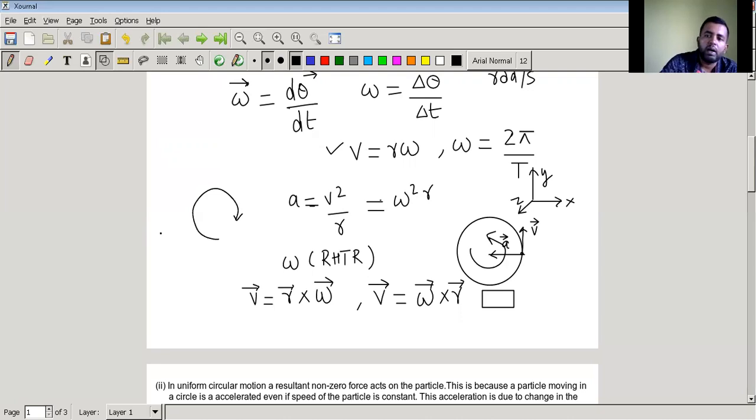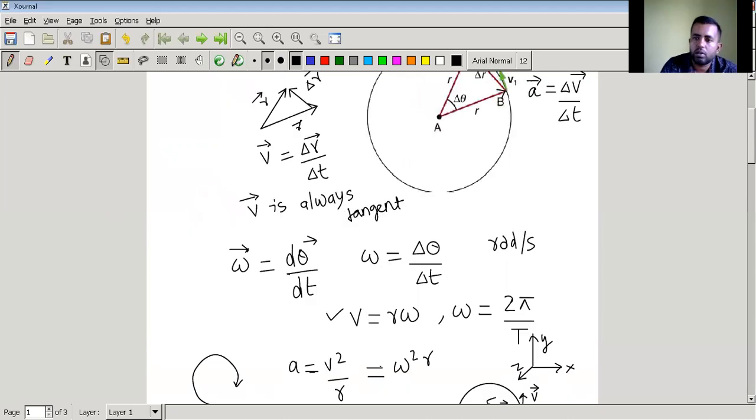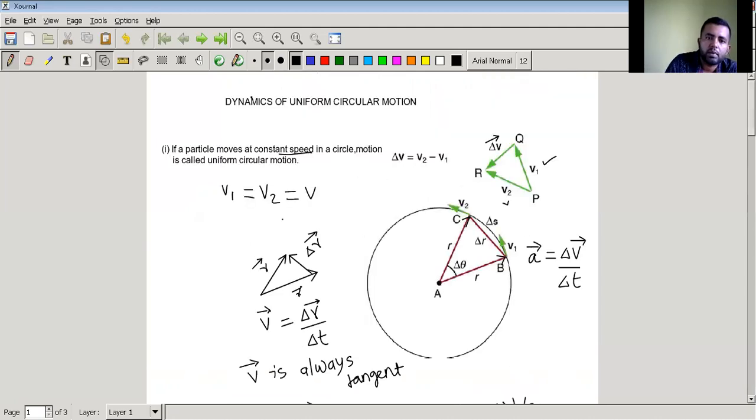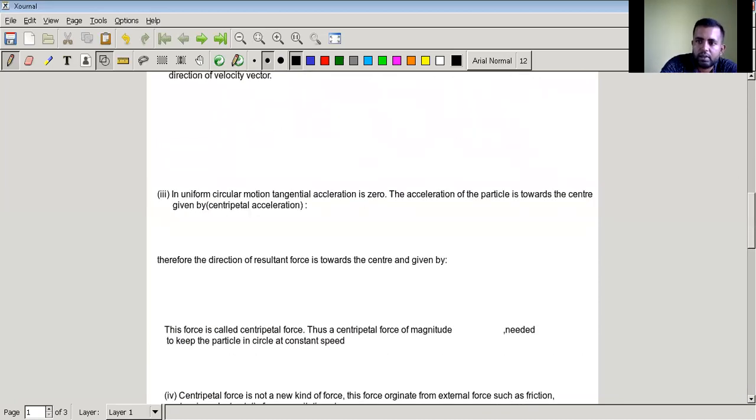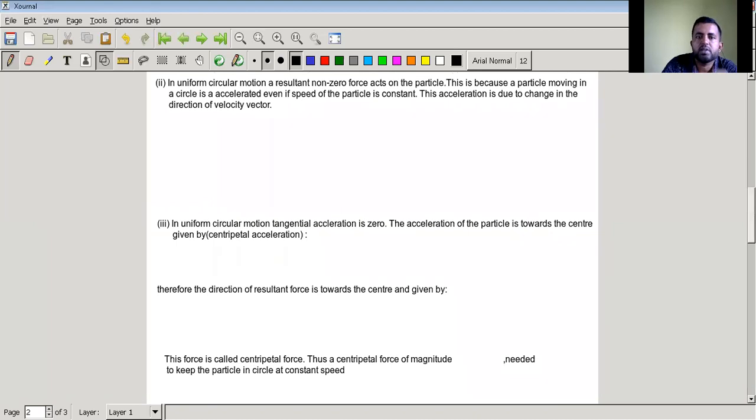Now, since we discussed that in kinematics, we talk about position, velocity, acceleration. When we talk about dynamics, we find the cause of the motion. Then Newton's law comes into the picture. Now, moving on, let us take some important points.